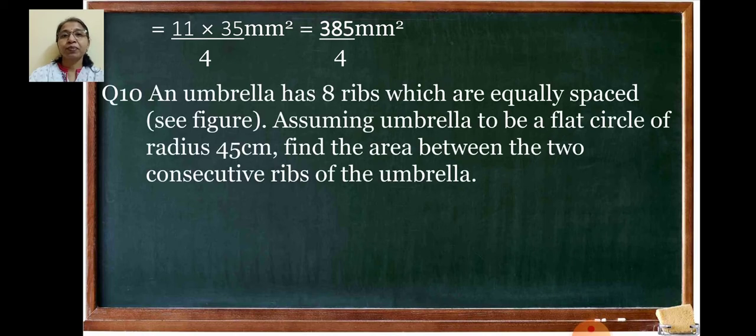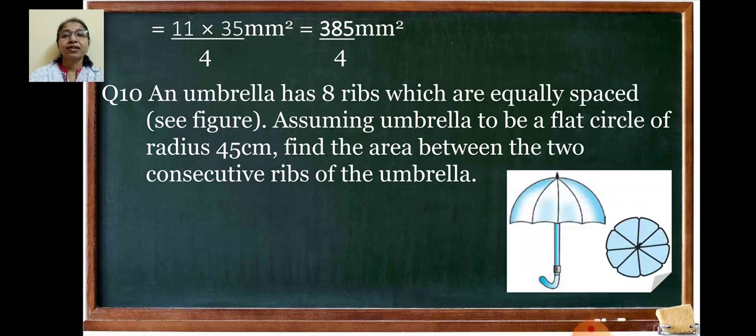Now question number 10. An umbrella has 8 ribs which are equally spaced. Figure is given to you. Assuming the umbrella to be a flat circle of radius 45 cm, find the area between the two consecutive ribs of the umbrella.